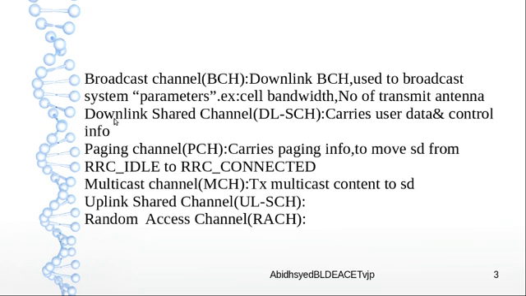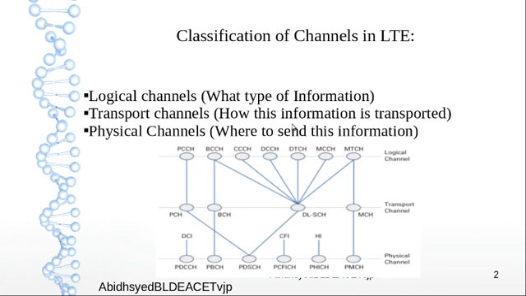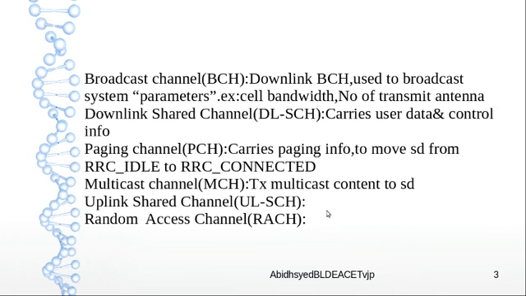One more is the downlink shared channel, DLSCH. Different logical channels, say DTCH, BCCH and MCCH, are being mapped to the transport channel called DLSCH. So what is DLSCH? DLSCH stands for downlink shared channel.